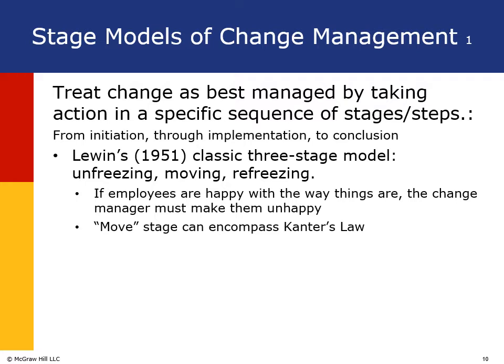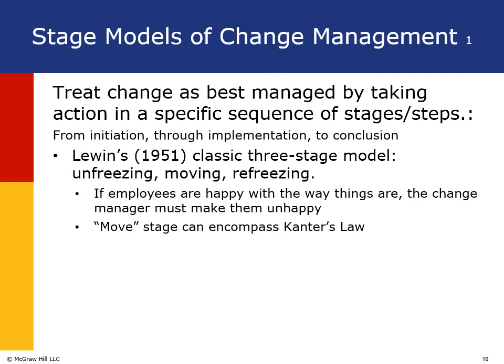The most widely known stage model of change is Kurt Lewin's, a 1951 classic three-stage model where he talks about unfreezing, moving, and then refreezing. Unfreezing is where you change the attitudes of the employees by making them feel uncomfortable about the way things are because they could be improved, and so establish the motive to change.